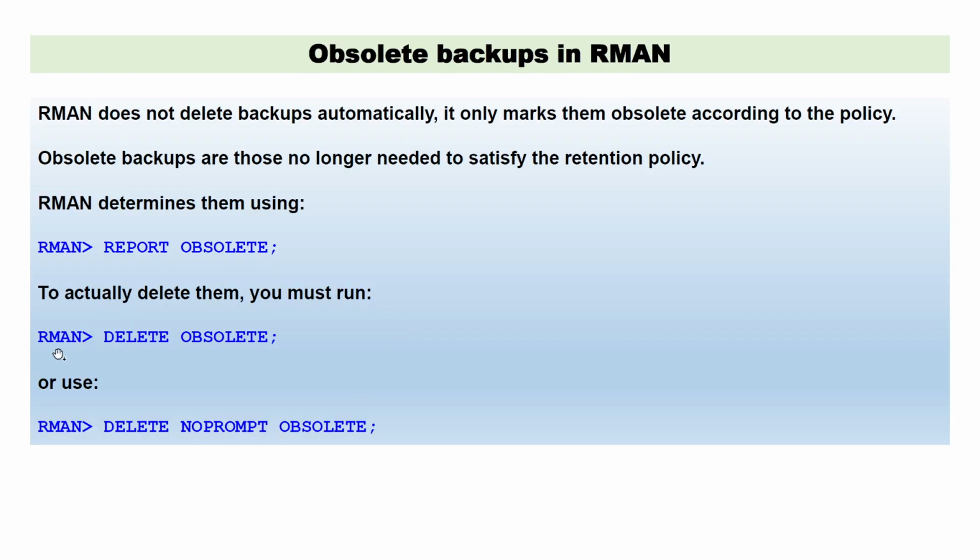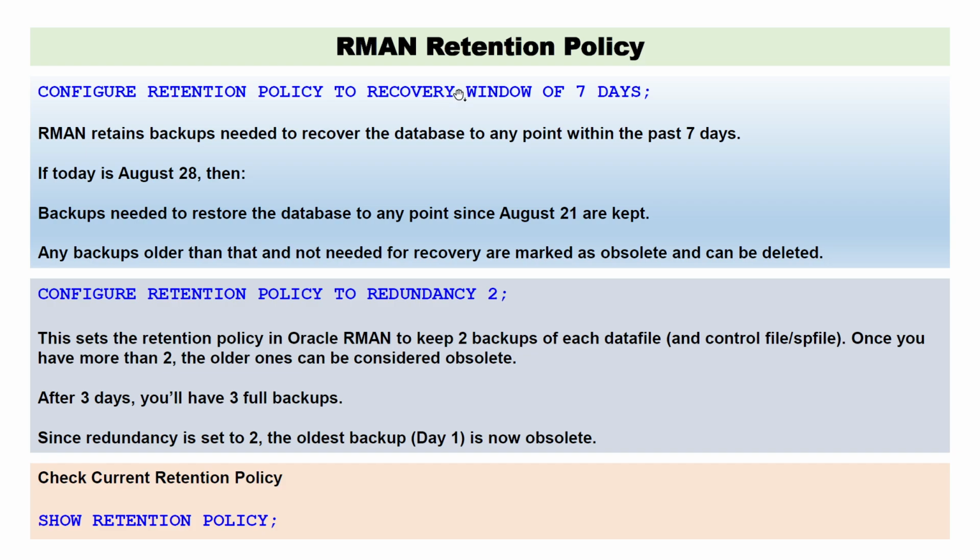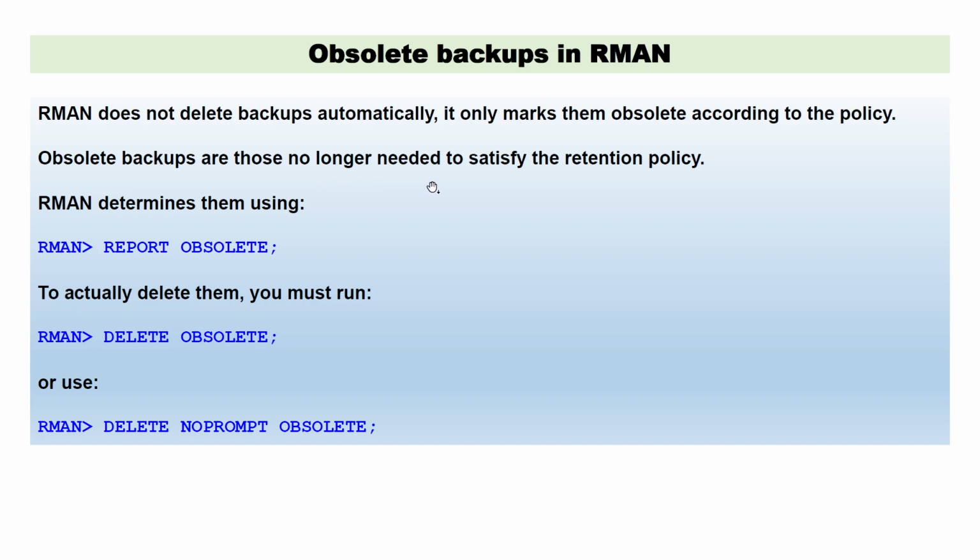Let's understand obsolete backups in RMAN. RMAN does not delete backups automatically. It only marks them obsolete according to the policy. Obsolete backups are those which are no longer needed to satisfy the retention policy. RMAN determines them using report obsolete.